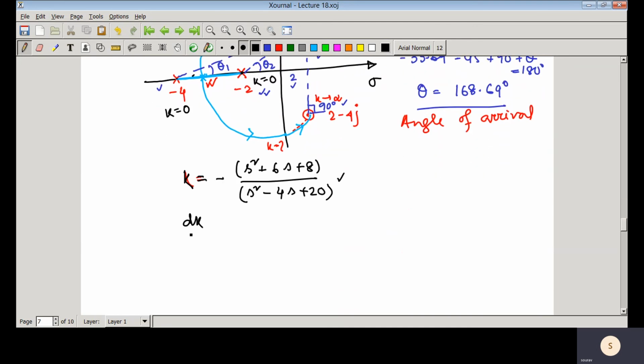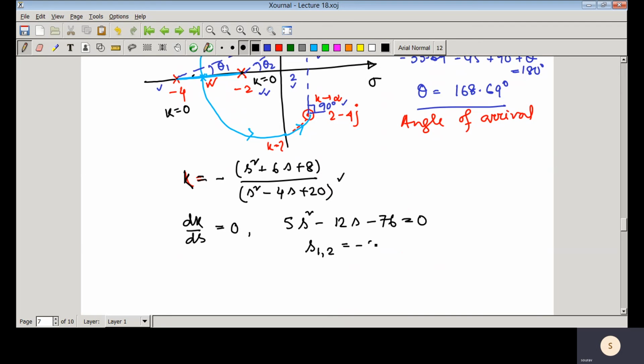And now if you find that dk by ds, you will get that expression, and if you equate it, so basically that value of s when dk by ds equal to 0, it gives you that breakaway point. And if you solve that, you will get s square minus 12s minus 76 equal to 0, and here you will get two values.